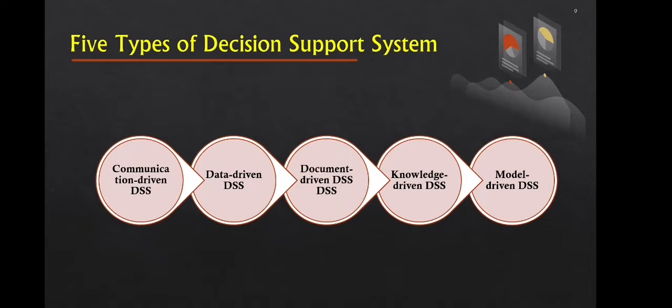A web or client-server system is the most common technology used to deploy this type of DSS. Chat and instant messaging software are examples of this type of DSS. Another is online collaboration and net meeting systems.